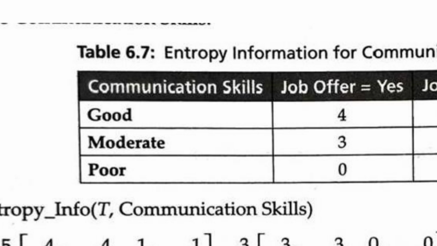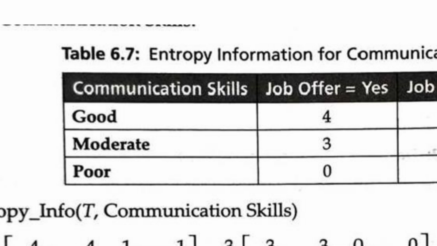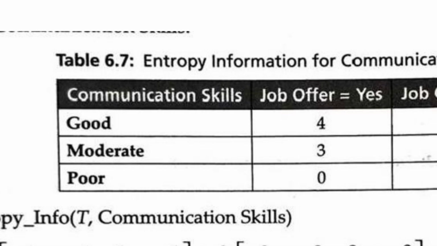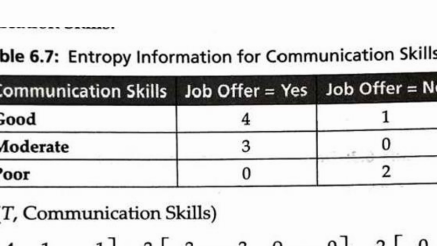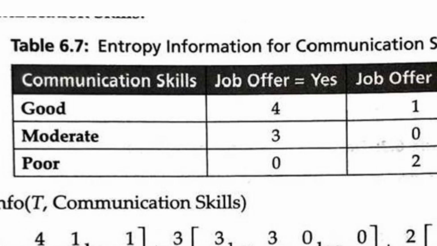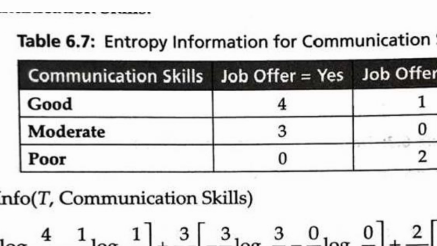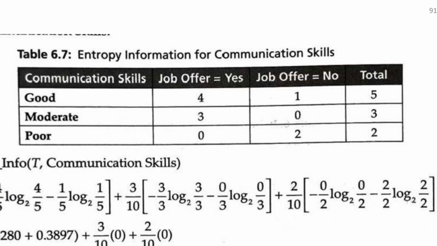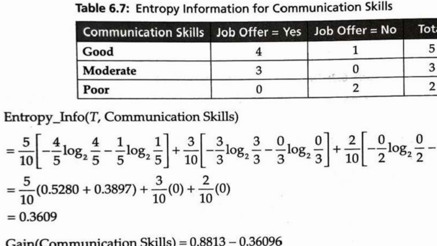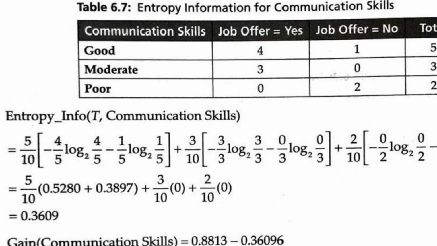Next is communication skill. There are 3 values: good, moderate, and poor. There are 4 job offer yes for good, only 1 job offer no for good, 3 yes for moderate, 0 no for moderate, like that. So all the values are from the table only. Again there are 3 possibilities: 5 out of 10 is good, 3 out of 10 is moderate, and 2 out of 10 is poor.